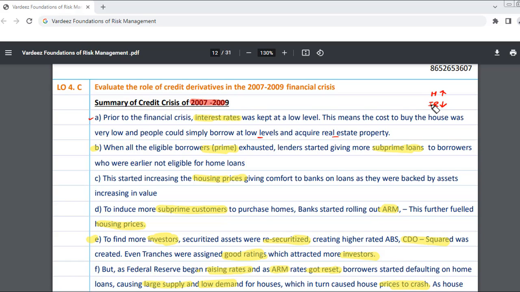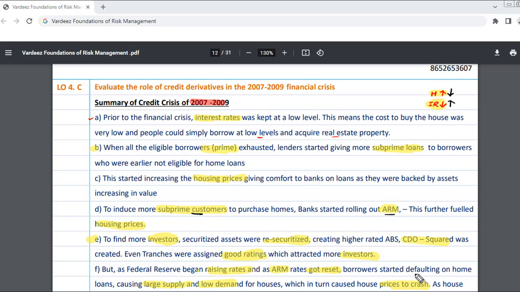See, interest rate going down, people could borrow, they can buy houses, and the prices will go up. But on the flip side, if the interest rate goes up, this actually led to the house prices coming down. The reason for that is very simple: the majority of the people who bought these loans were subprime customers, and they could not afford the higher interest rate.